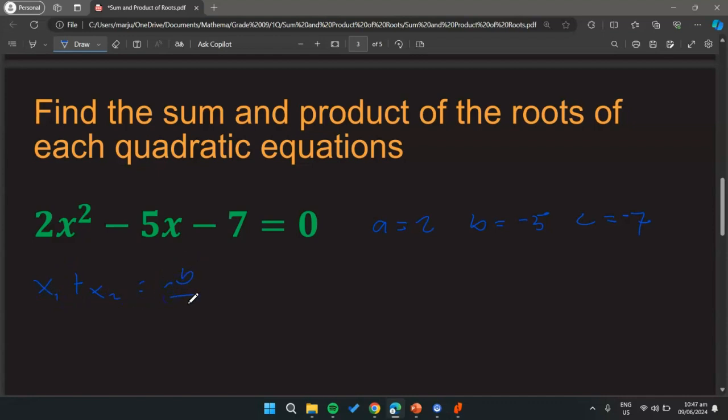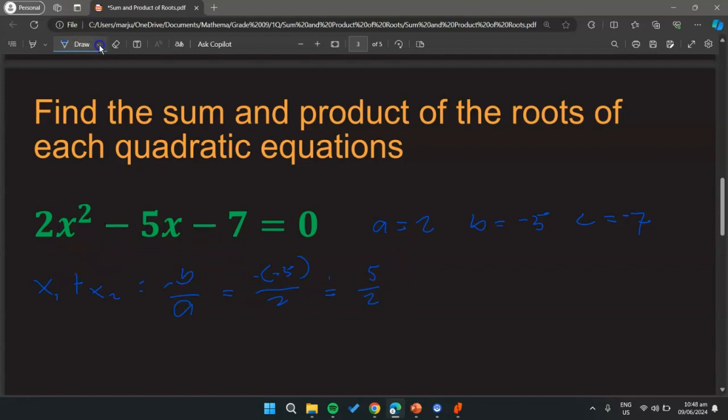Our b is negative 5, so we have negative of negative 5 all over a, which is 2. So this is equal to 5 over 2. Meaning the sum of the roots of this quadratic equation is 5 over 2.